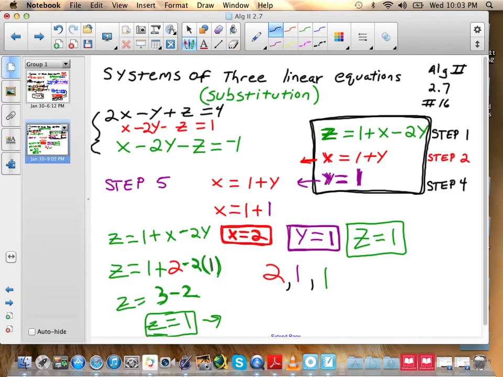There were 4 videos and 6 steps, where this was step 5, solving for x, and my final step here was step 6.